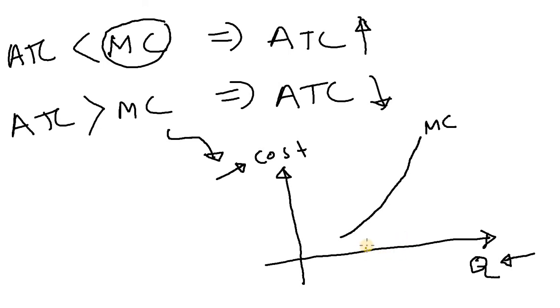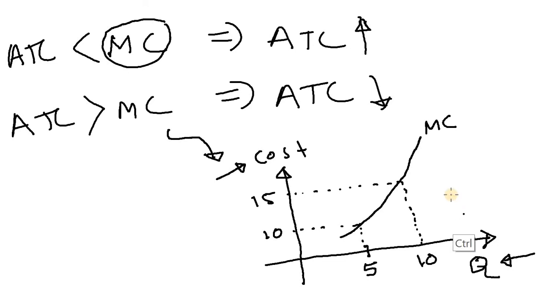Initially when you're producing less output, let's say 5 units, the marginal cost might be very low, let's say $10. As you increase production, you need to add more labor, more raw materials. So when you're producing 10 units, the marginal cost might increase. It jumps to $15.